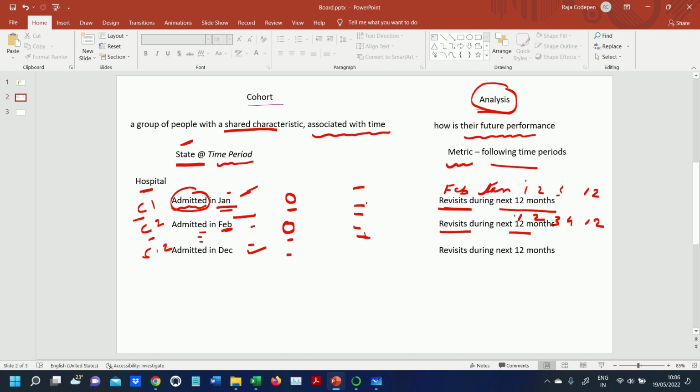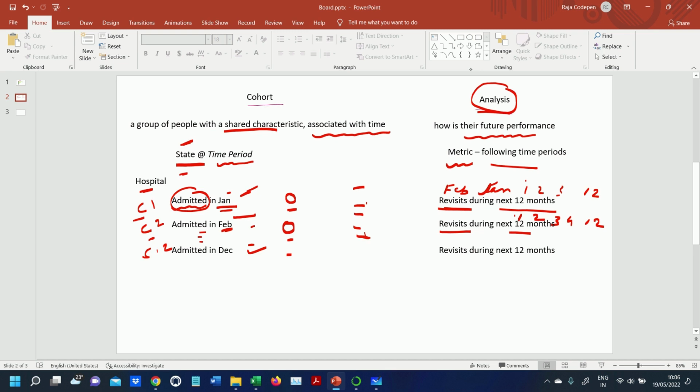Likewise, if you're running a store, and a membership program or a loyalty program or a campaign in a particular month, you can see the effectiveness of that campaign, like how many people have joined in a particular month, and a metric could be how many loyalty points they have gained in the subsequent months.